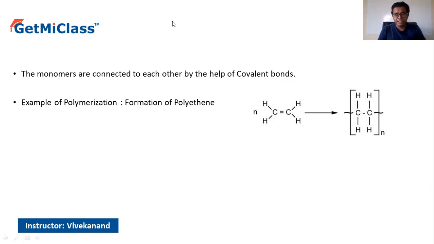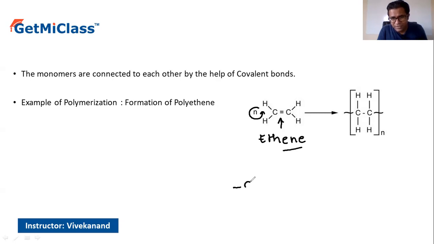Now let's try to understand. If you see this unit, this is a smaller unit, and this smaller unit is our ethene. Eth refers to the two carbon system, while ene refers to the fact that this molecule has a double bond at this position. Now, a large number of ethene molecules polymerize in order to form a chain-like structure.